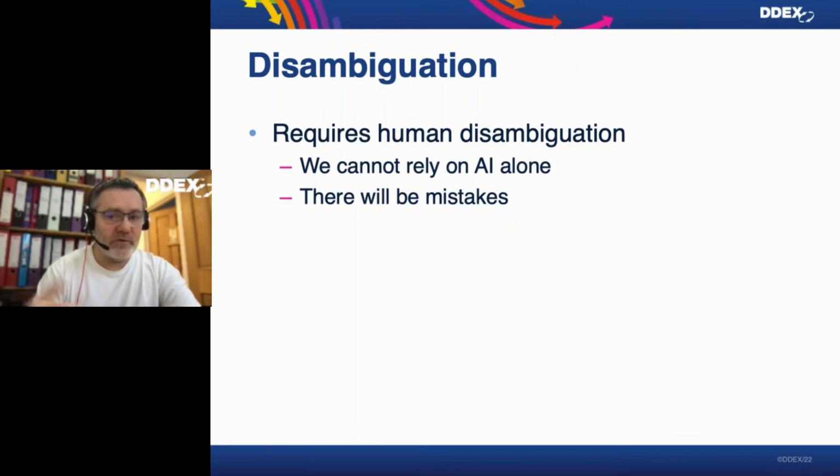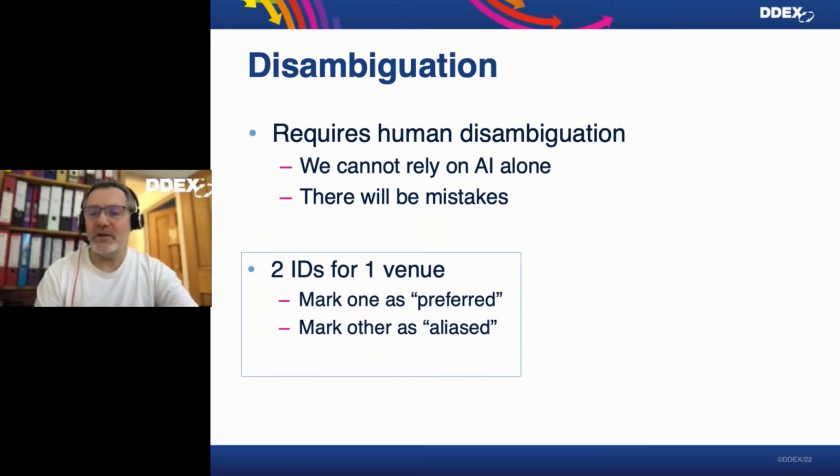If we're dealing with disambiguation, and if we're dealing with human disambiguation, we've talked about that before, we know there will be mistakes, but there are things that you can do about that. So if you have two identifiers for one venue, well, it's fairly easy. You mark one as preferred, you mark the other one as aliased, and then you just get on your business. Everybody hopefully will switch to the preferred over time. But if you still use the old one, the system will still resolve the old identifier.